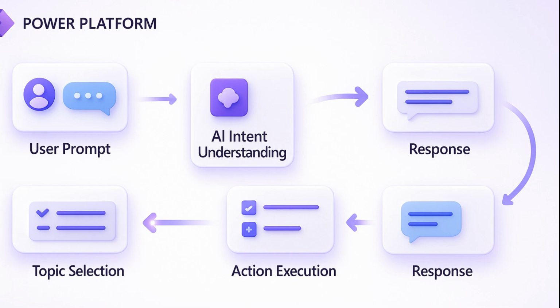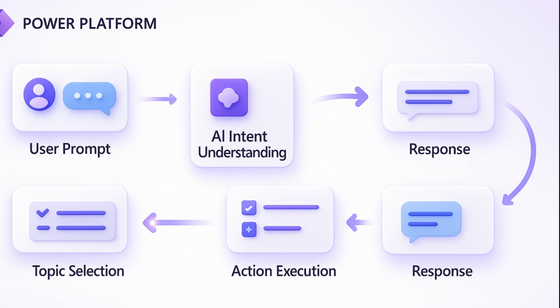Now, how does a Copilot agent work? So here is the flow of how a Copilot agent operates. Step one is the user enters a prompt. The second one is the agent uses AI to understand the intent of that particular prompt. Then the third one is the agent finds the best topic or generates a response.